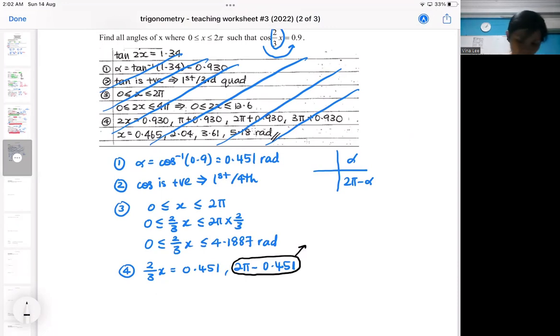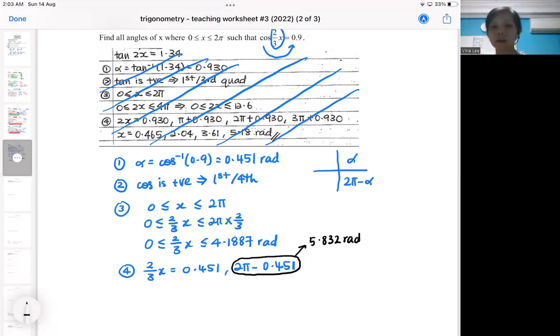Okay, I think I punched my calculator wrongly. So you try to punch out 2 pi minus alpha, you'll realize that this is 5.832 radian.